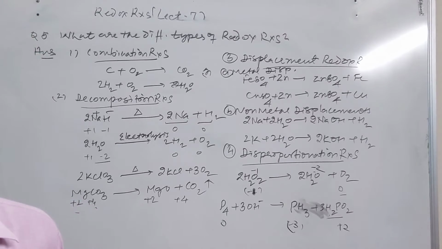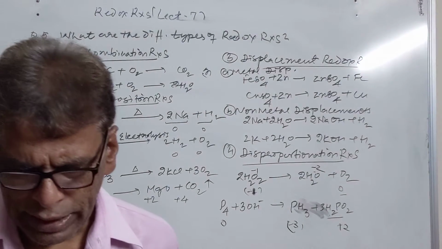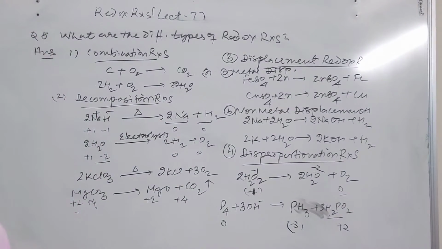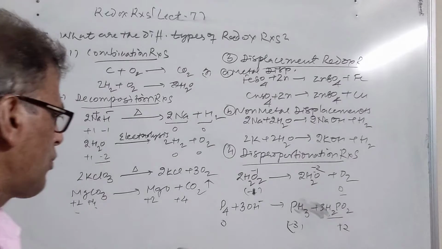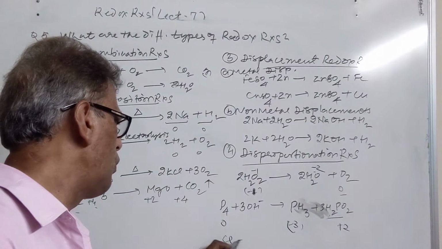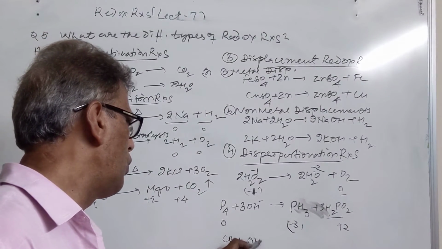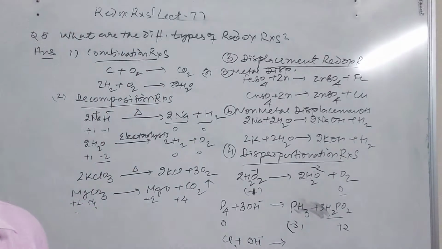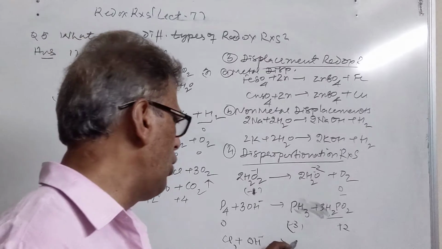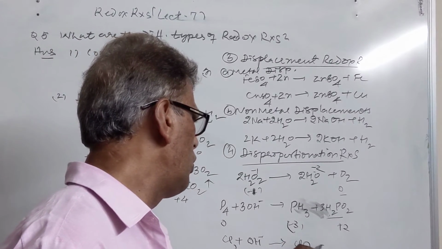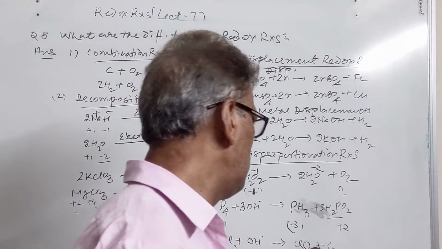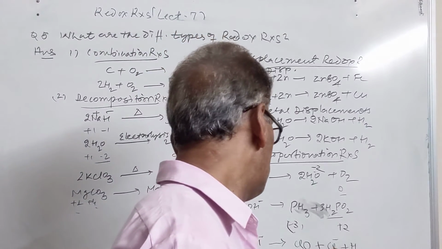Then we have the next reaction, that is Cl2 combines with OH negative. So Cl2 combines with OH negative to give you ClO⁻ plus Cl⁻ plus water.